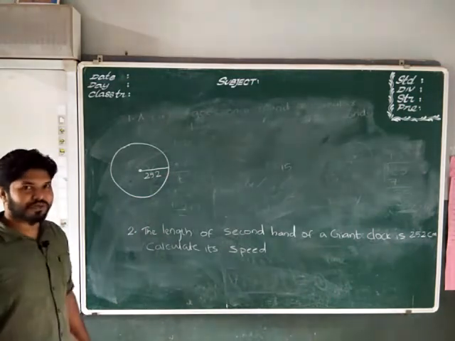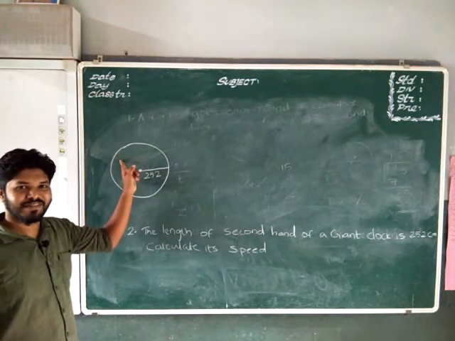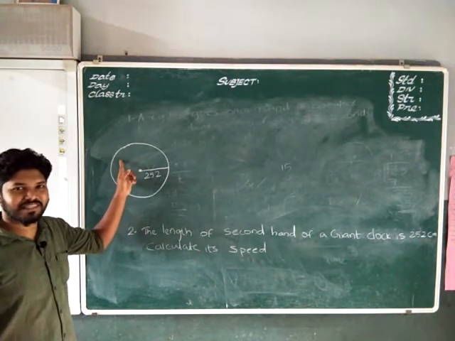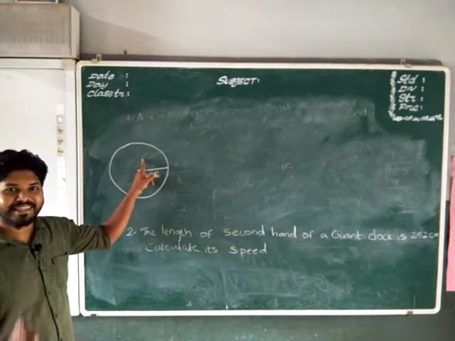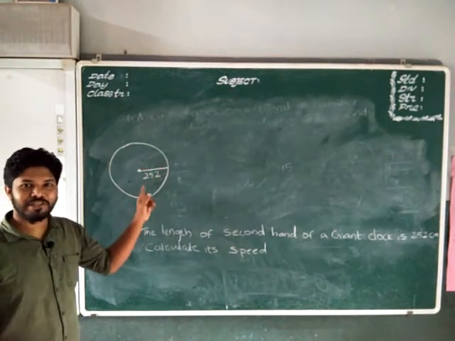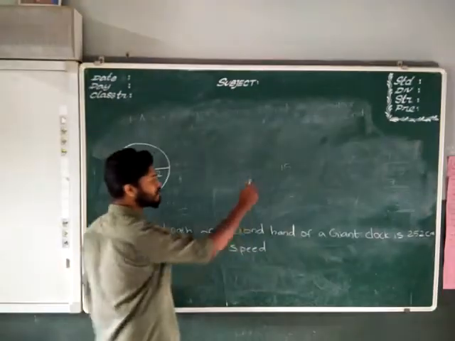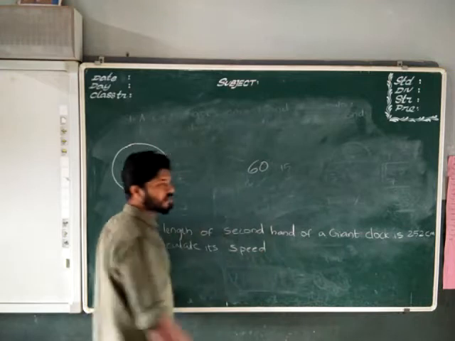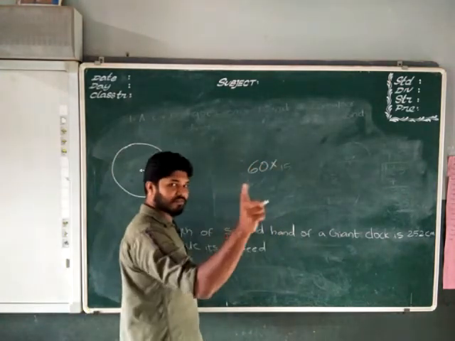And one more thing you know: to complete one revolution, how much time does it take to complete one round? If it is second hand, it takes 60 seconds. If it is minute hand, it takes 60 minutes. 60 minutes is converted into seconds because every minute consists of 60 seconds.